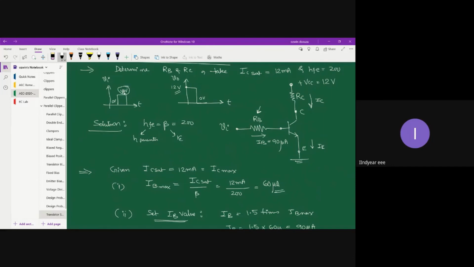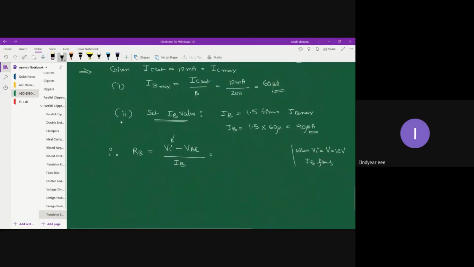When VI is equal to 12 volt, the base current flows. So when VI is equal to 12, your base to emitter voltage is 0.7 for a silicon transistor, and 90 microamperes in the denominator. So you will get RB as 12 minus 0.7 divided by 90 microamperes.